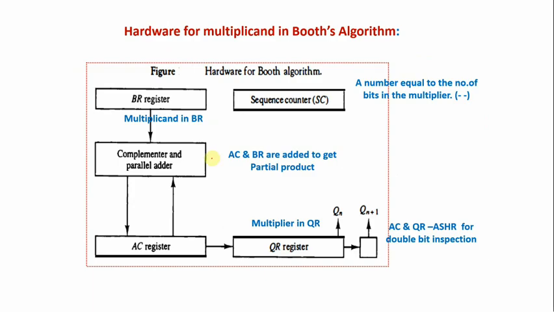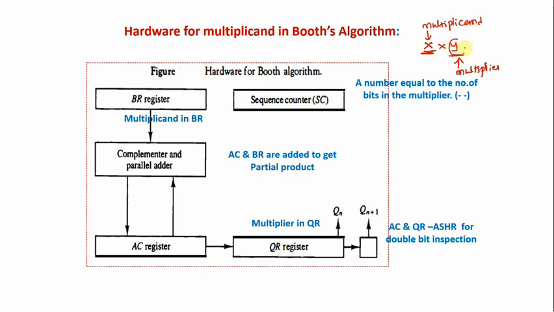Now here we will see the hardware implementation of Booth's multiplication algorithm. How is the hardware implementation done? Suppose I am performing x into y. Now x is called the multiplicand and y is called the multiplier. To perform this multiplication, it requires storing the multiplicand in one register and the multiplier in another register.